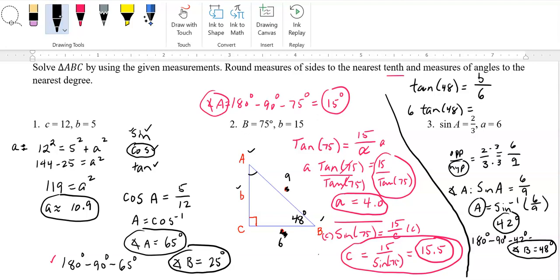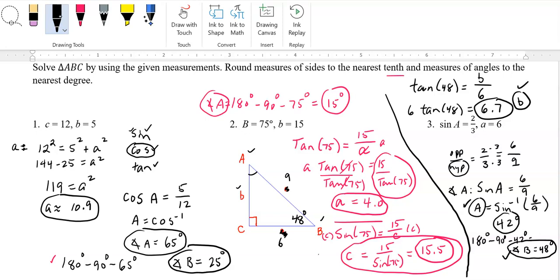And that will give me the measurement for side B. So in your calculator, 6 tan 48, and that is 6.66, and we're rounding to the nearest tenth, so we're going to say B is 6.7, side B. Okay, so we got angle A, we got angle B, and we got side B.